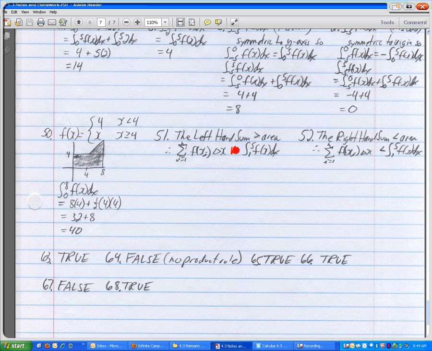Well, since our graph looks like this, and they tell us to use the left endpoint of the interval, we're finding left-hand sums. So that means to use that as an interval, that as an interval, right? When it's a left-hand sum, that's when the left endpoint of each subinterval leads to the height.